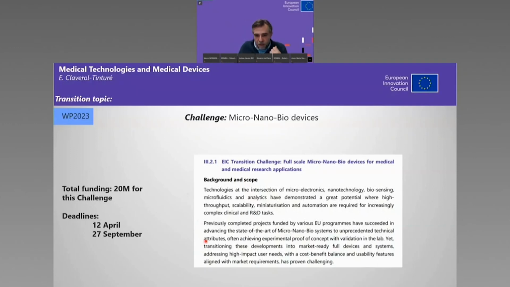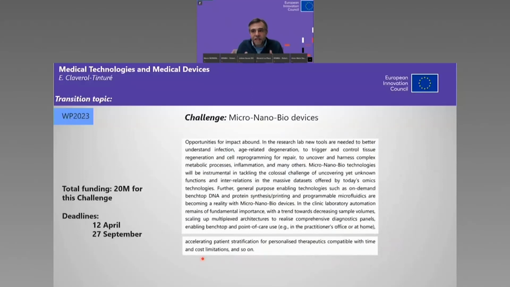So there must be a clear high impact user need, a market opportunity, or cost benefit balance, for example, and novel usability features so that the market desires that core technology that you developed in a previous European project. That has been rare, I think, and this is the common thinking in the Commission and DG Connect in particular. So opportunities for impact are plenty, abound.